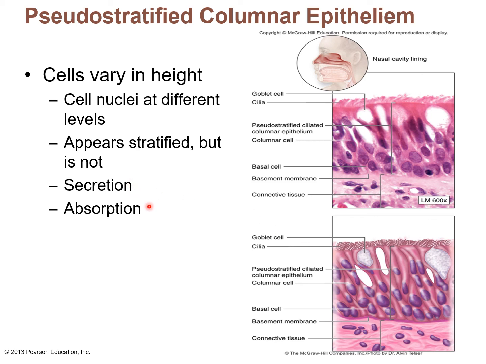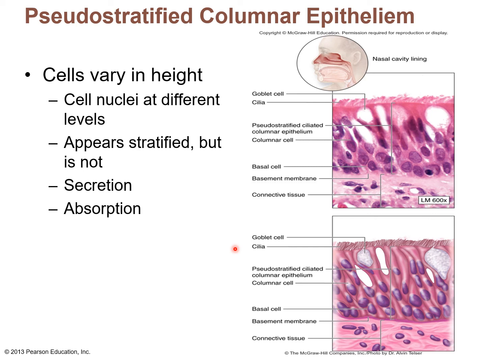Don't think of protection. Again, a pseudostratified tissue could have cilia on its surface. It could have microvilli on its surface. You can have mucus produced by goblet cells. That could all be possible within your pseudostratified columnar epithelium tissue.